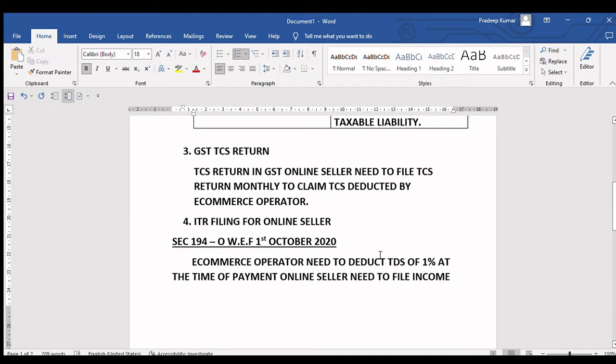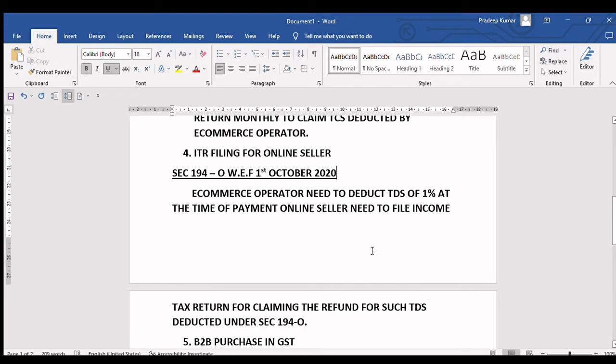This is the return, guys, which is section 194O, with effect from 1st October 2020. The e-commerce operator needs to deduct TDS of 1% at the time of payment. It is included in the taxable amount.